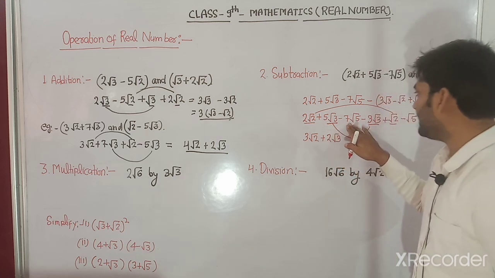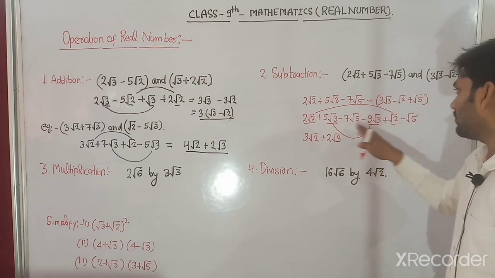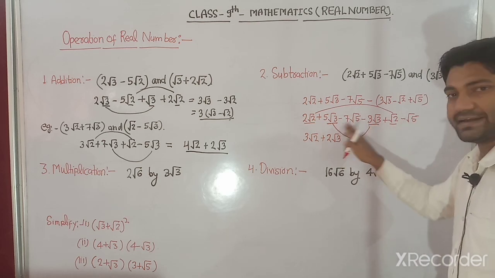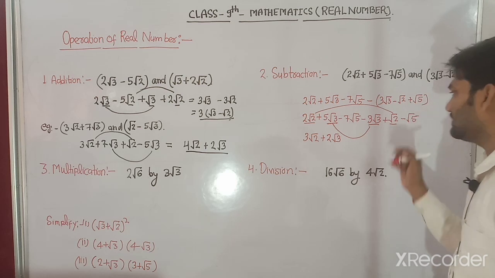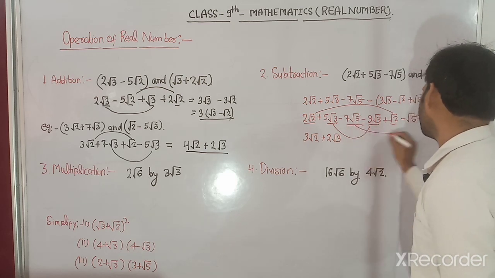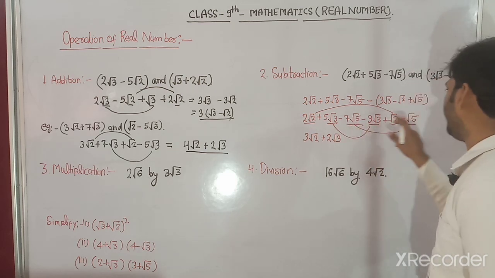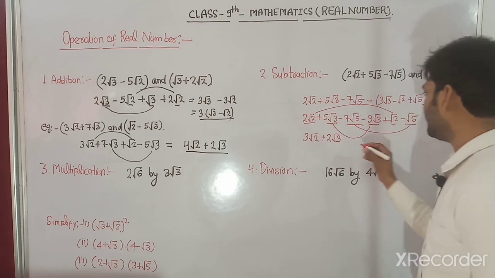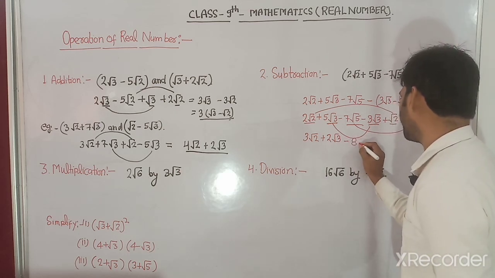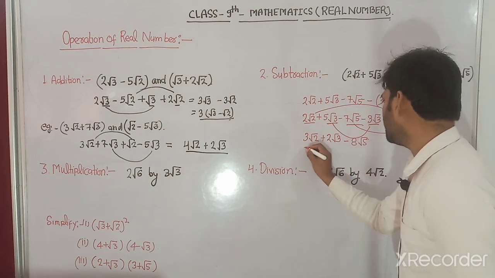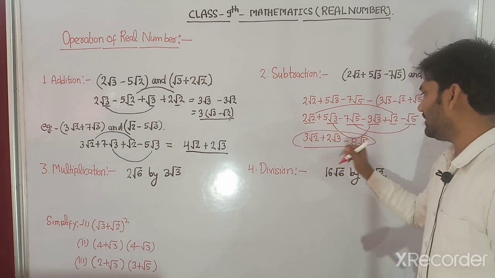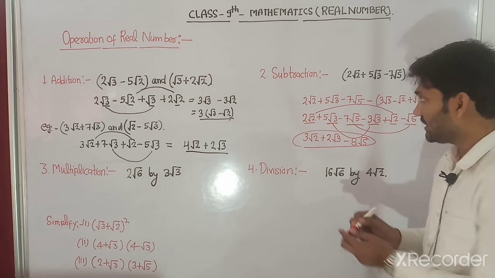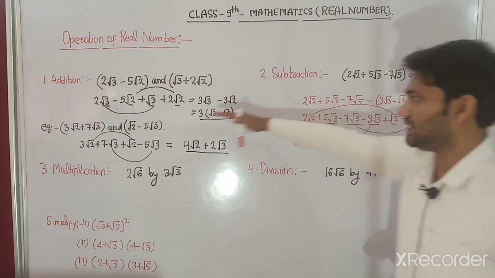And the last step: 7 root 5 and root 5 both have a minus sign, so negative and negative are both added, but the sign remains negative. Both are like terms, so 7 root 5 plus root 5 gives minus 8 root 5. It is the answer. This question's answer is 3 root 2 plus 2 root 3 minus 8 root 5. That is the subtraction and the addition.